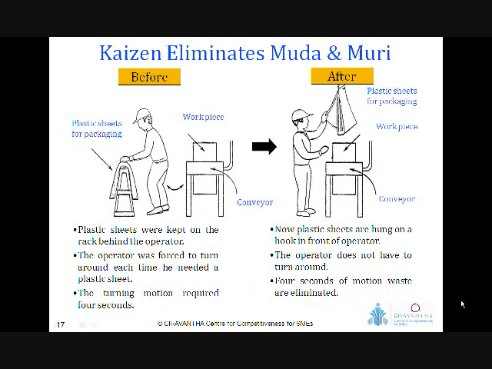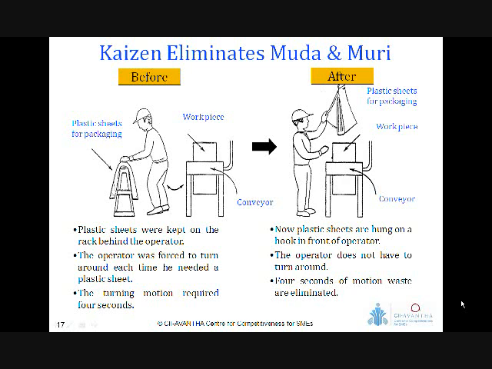Another example. These are very common examples in industry, and if you see the Kaizen, these all are common sense. Plastic sheets were kept on the rack behind the operators.